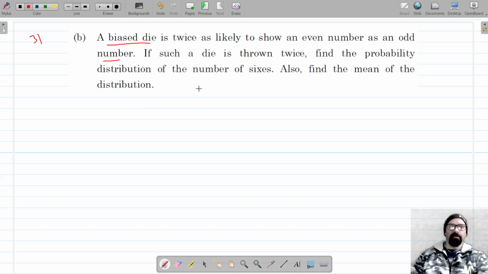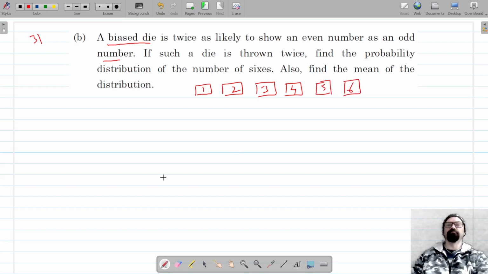On a die, we have the numbers 1, 2, 3, 4, 5, and 6. So the probability of getting an even number is twice the probability of an odd number. Odd numbers are 1, 3, and 5.